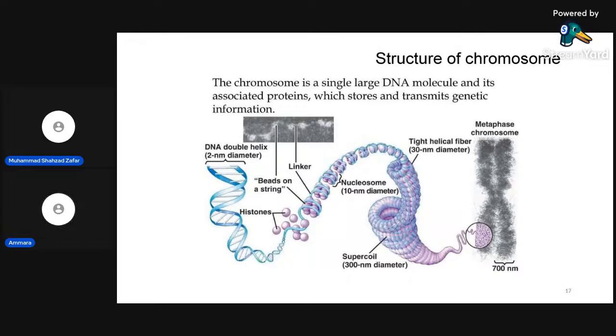So DNA is involved basically in the formation of protein. What is DNA? DNA is a single large molecule with a double helical structure, comprised of three different components. Next slide, please.